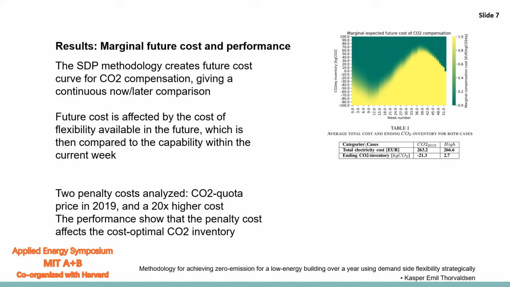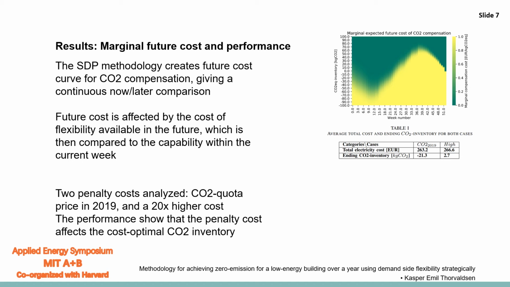What this heat map is showing us is basically the marginal cost for extra CO2 compensation based on what week we're at and what accumulated CO2 inventory level we're at, which for all of these small steps gives a continuous now versus later comparison within the building scheduling. So to create this heat map, we started at the end of the year on week 52 and calculated backwards for all of these discrete states to week 1, showing us a heat map of the marginal cost for CO2 compensation.